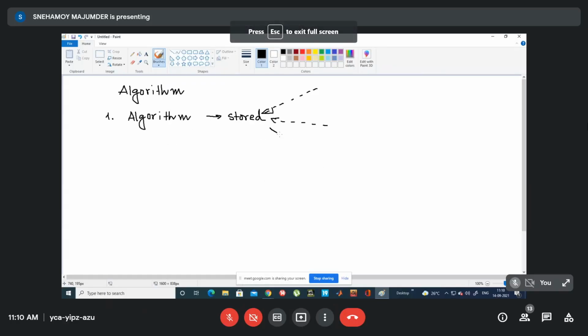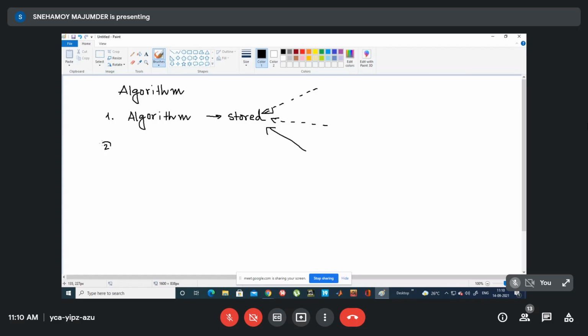That is the beauty of the computer, and this execution of the instruction can be done repeatedly whenever you want, wherever you want. So that is the first characteristic.